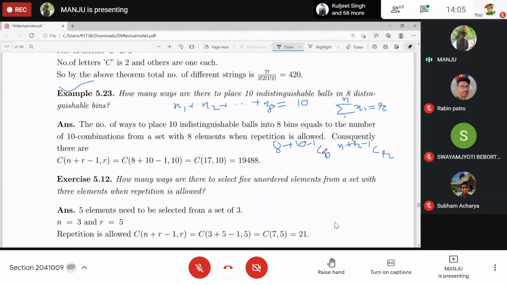That will be the number of ways to distribute 10 indistinguishable balls over 8 different bins, since we cannot differentiate the 10. So this is 17 C 10, and 17 C 10 is coming as this. Clear?